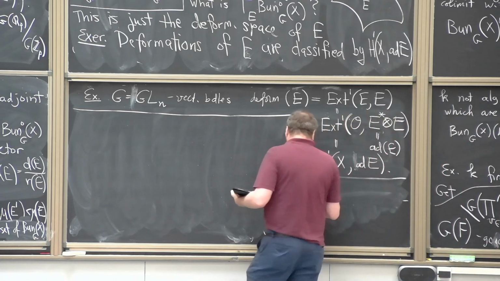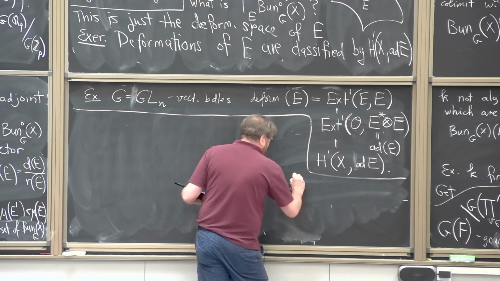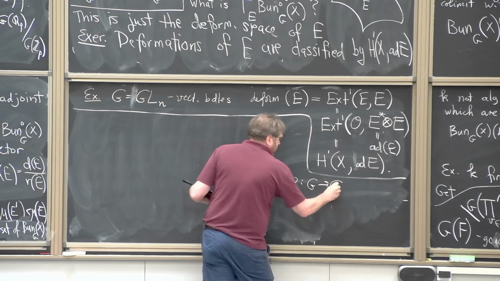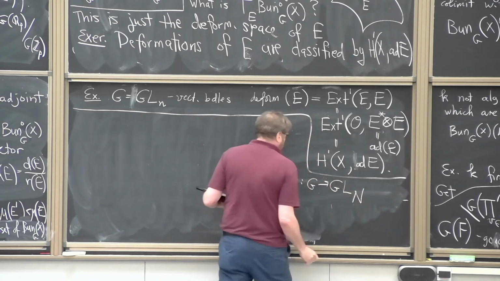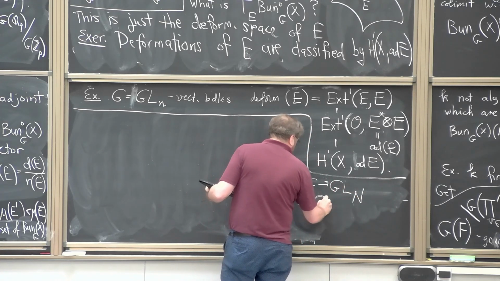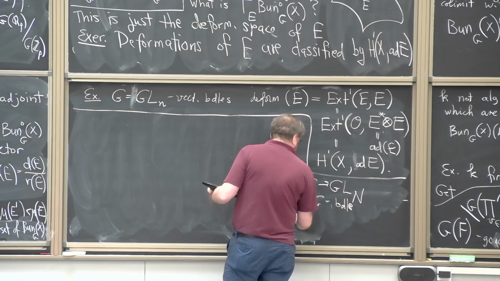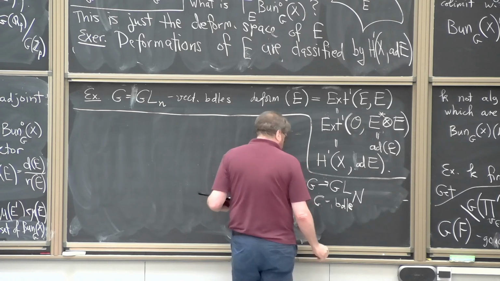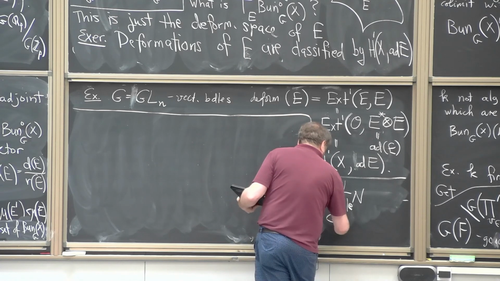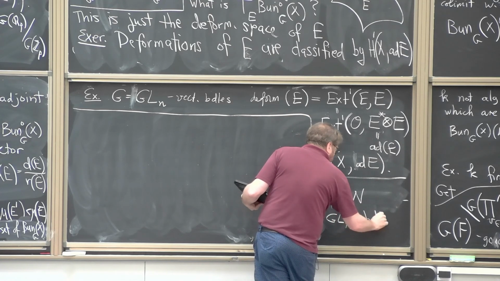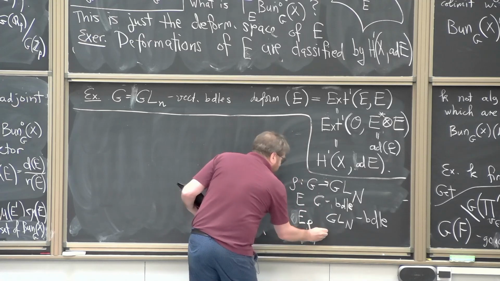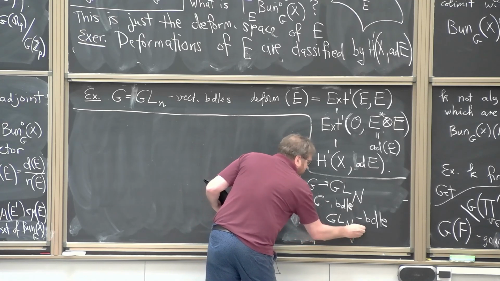Okay, so if rho is a representation of G to GL_N, and E is a G bundle, then we can define E_rho. This is the corresponding GL_N bundle, which is associated, so the transition function g goes to rho of g.